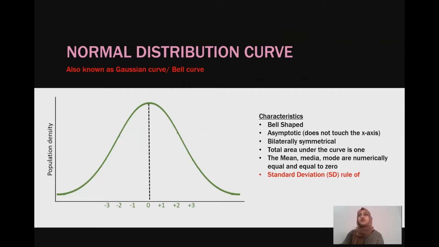Now, the standard deviation rule is that one standard deviation would include 68% of the population. So that would mean on either side, plus minus, we'd have 34.13% represented on either side. So a total of that would be 68.